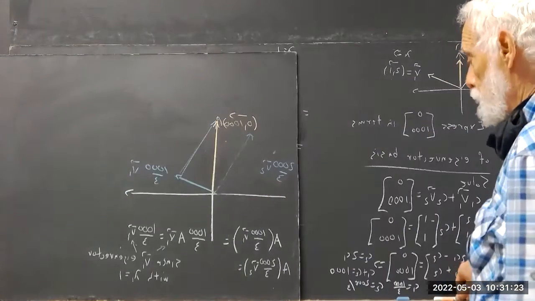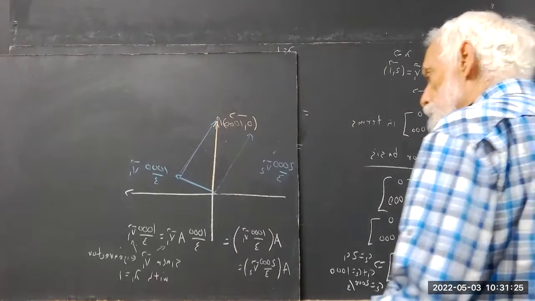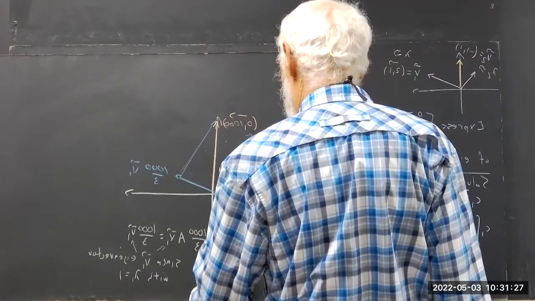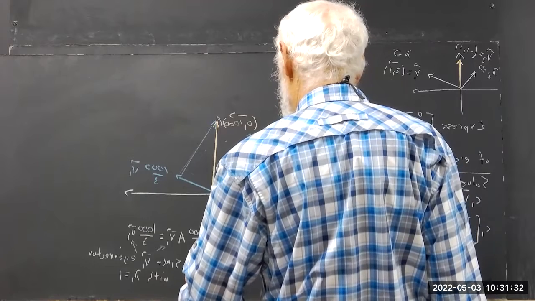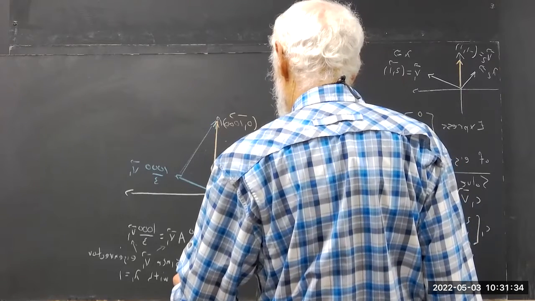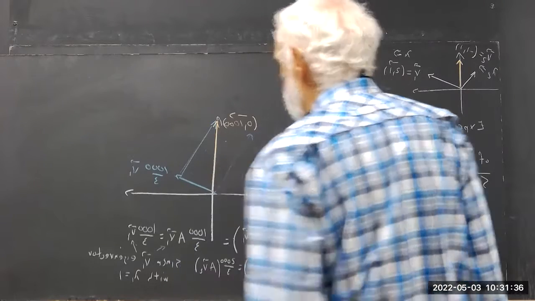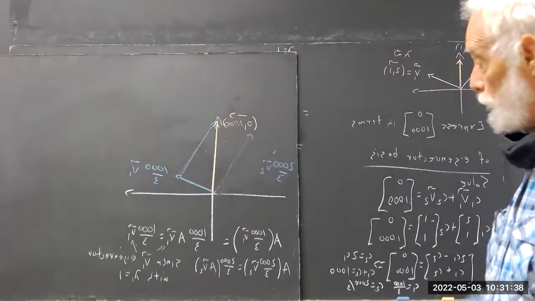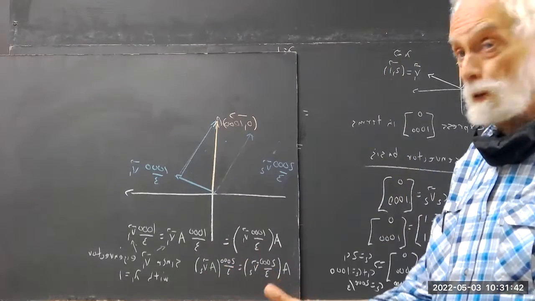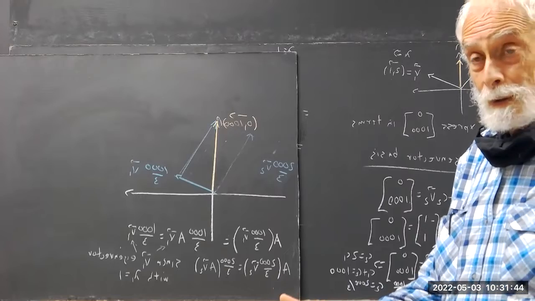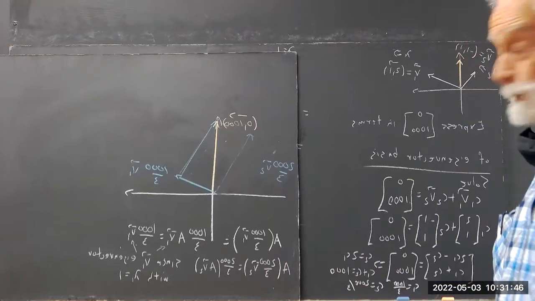Let's be sure. Well, this is 2,000 over 3 times A V2. What's A times V2? 0.7 V2, because V2 is an eigenvector with eigenvalue 0.7.